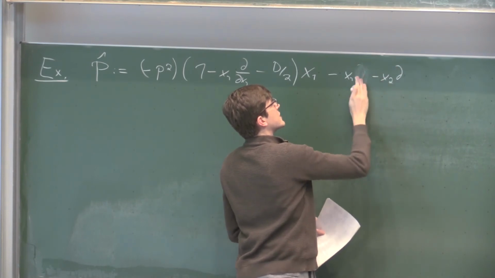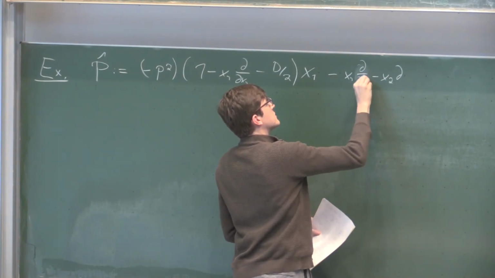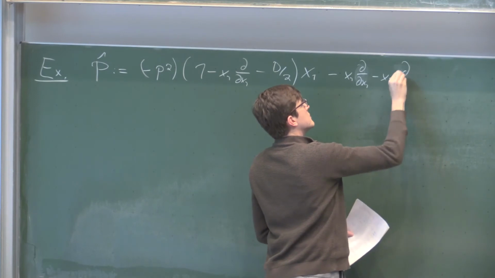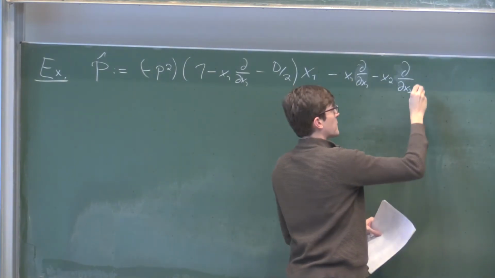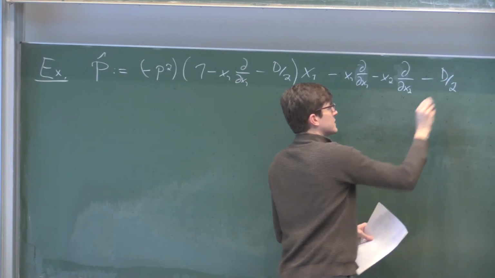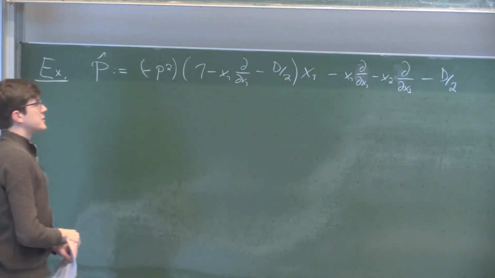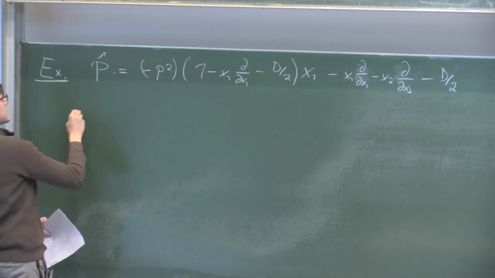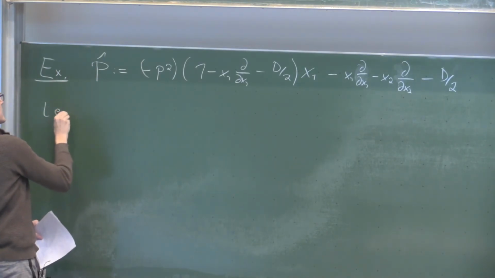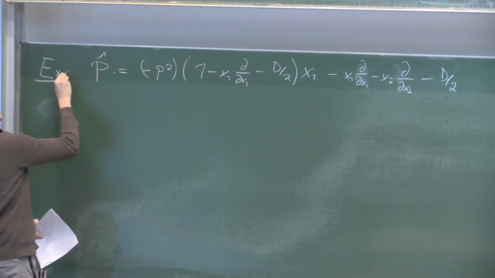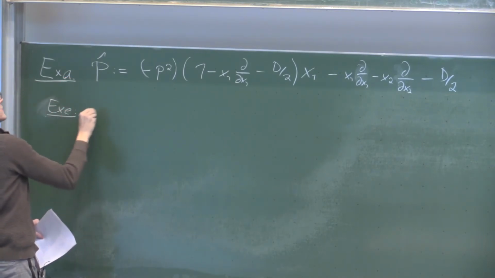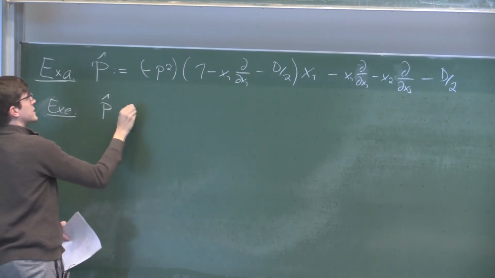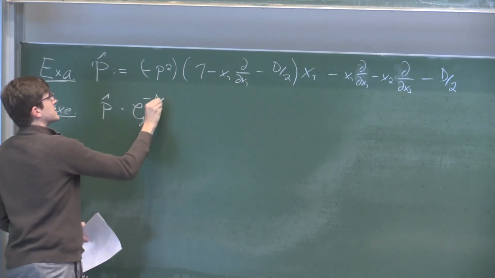Sorry. So this is a little polynomial differential operator, and the claim, the exercise, is that p hat annihilates g to the minus d over 2.